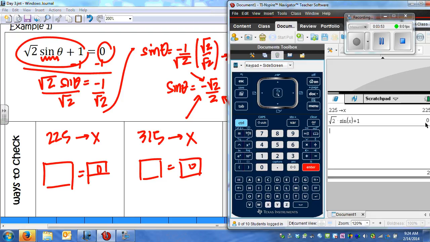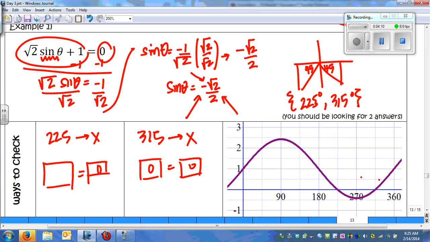And there it is, the 0. Let's try the same thing for 315. I'll stow that as x. I'll go up and get that equation that I already typed once. I don't want to type it again. And hit enter. And sure enough, the left side matches the right. 0 equals 0. So 225 and 315 indeed are correct solutions.